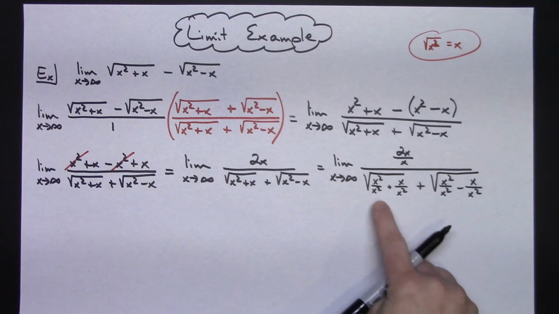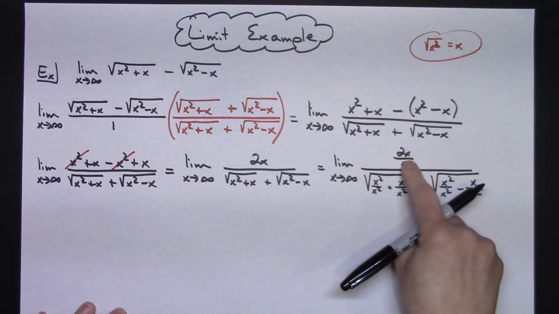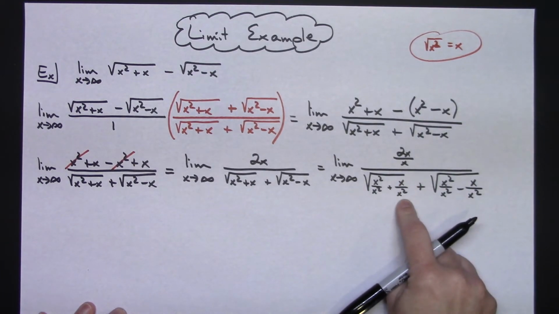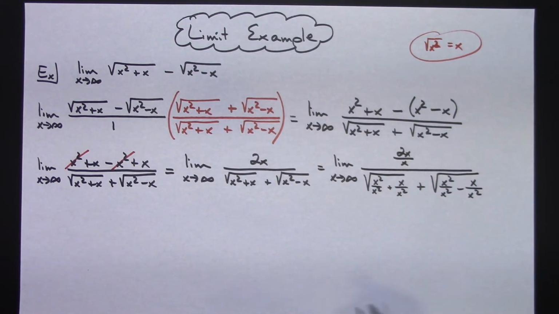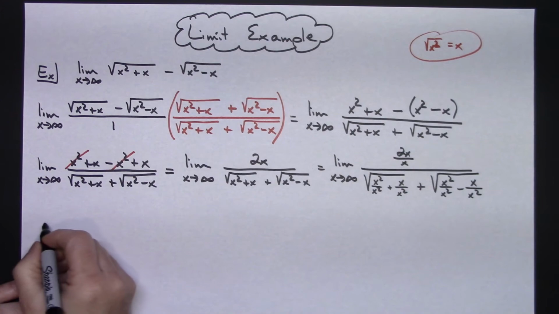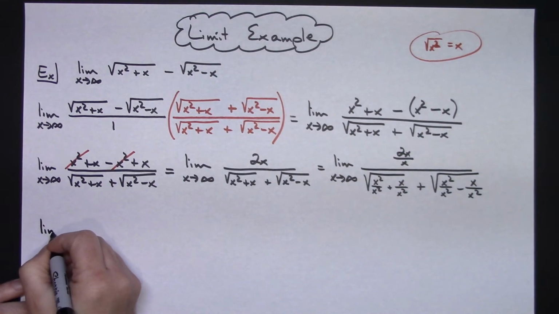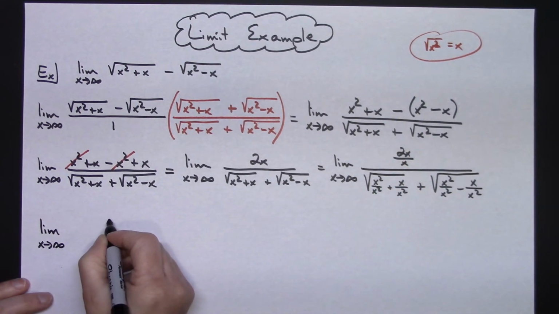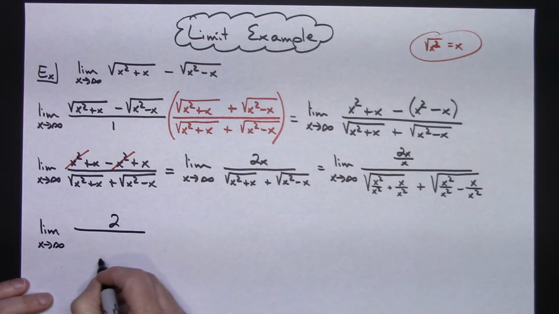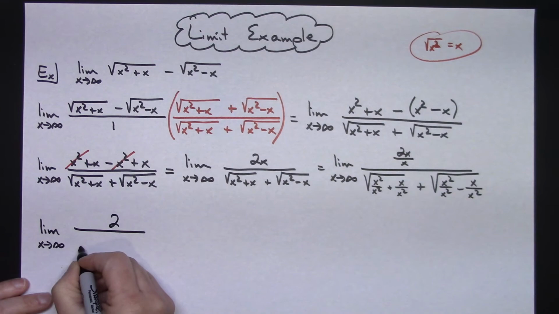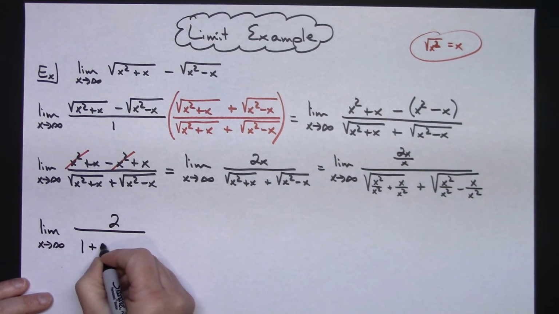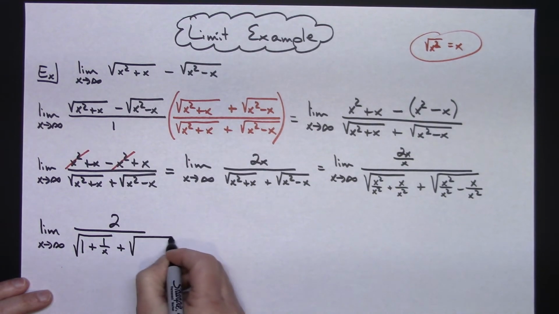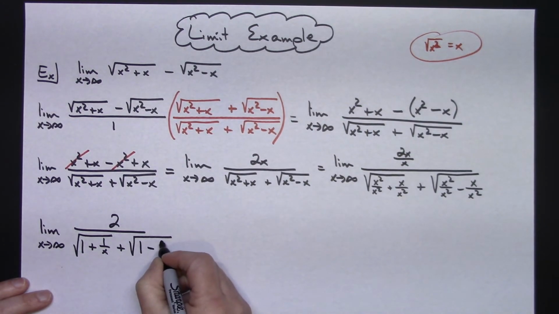Now my next step, I'm going to go through and simplify each one of these. The x's will cross out, the x squareds will cross out there and give me a 1. I can reduce this to 1 over x. So then I'm going to have the limit as x approaches infinity of a 2 in my numerator, and then the square root of 1 plus 1 over x plus the square root of 1 minus 1 over x.